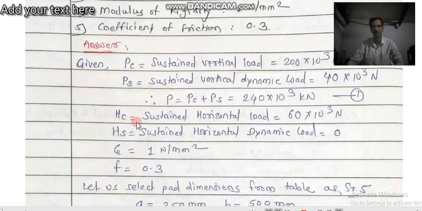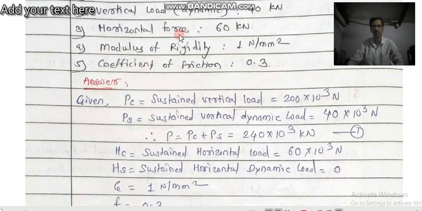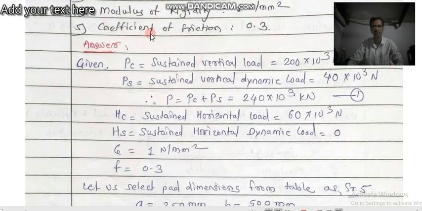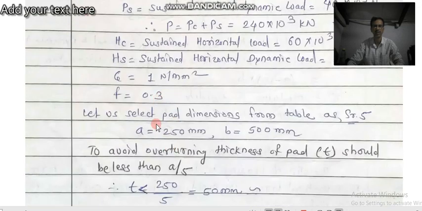Next, HC, the sustained horizontal load, is 60 into 10 raised to 3. Only the horizontal force is given in the problem, and HS, the horizontal dynamic load, is not given, so you can consider it as 0. G, the modulus of rigidity, is 1 newton per mm square and the coefficient of friction is 0.3.